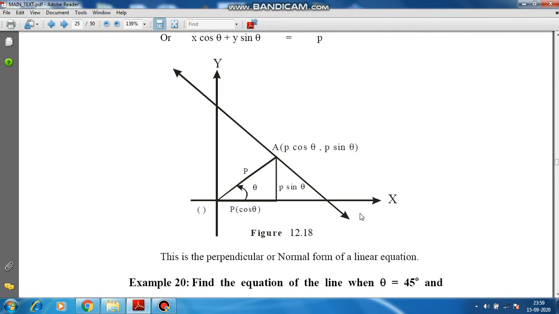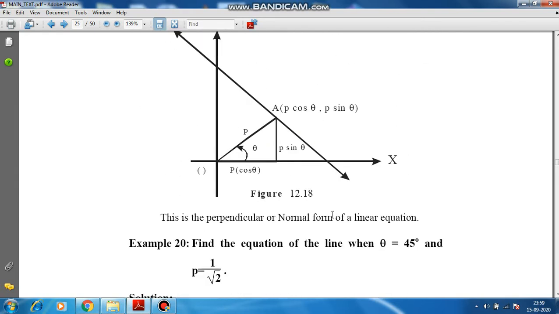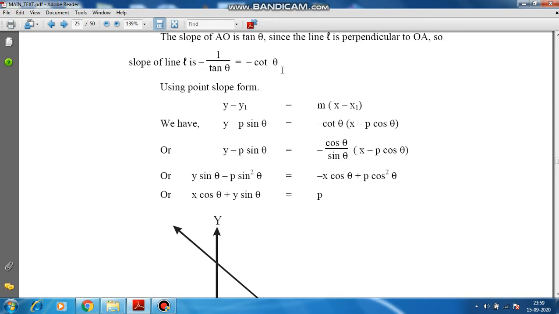Okay, and how to find the slope I mentioned in the last class: if this is theta, then this is 90 minus theta, and the whole is 180 degrees, so 180 degrees minus (90 plus theta) is 90 minus theta, and tan of (90 plus theta) is minus cot theta.